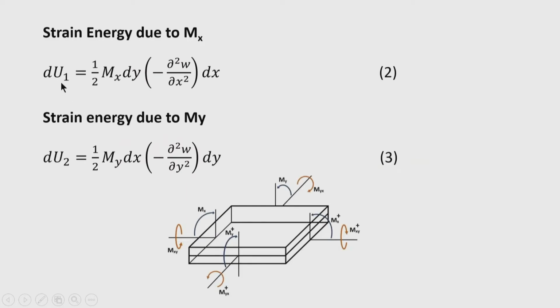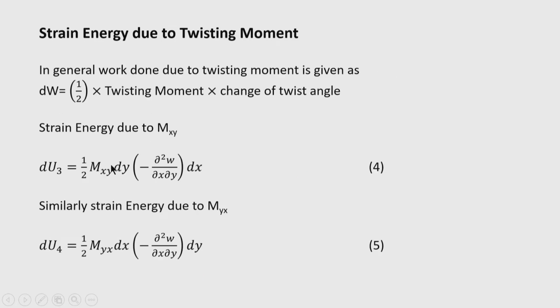du1 is one component contributed by Mx, du2 is another component contributed by My, du3 is another component contributed by Mxy, and lastly du4 is the part of the strain energy produced due to Myx.